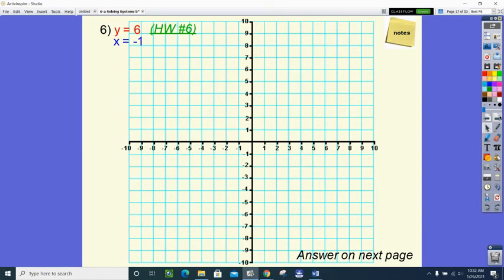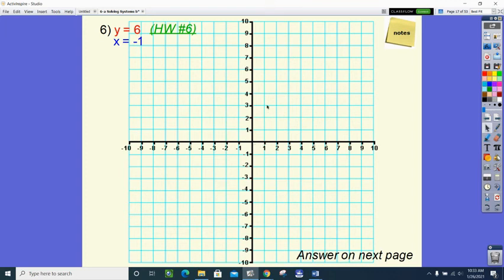All right, so the last one, I just wanted to make sure you guys love these so much. I said, I think we better make sure we remember our special cases of lines. So the top one and the bottom one, y equals 6. What kind of line is this? One of the variables is out, so it is either horizontal or vertical. My trick, again, is remember that every point on this line has to have a y of 6.